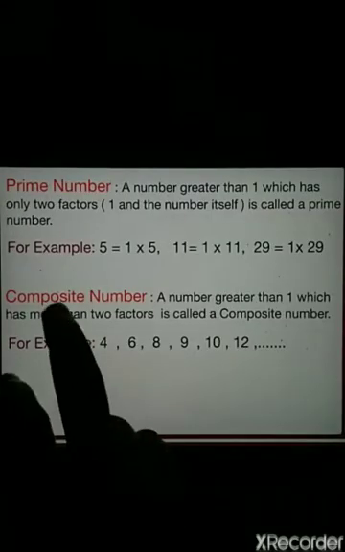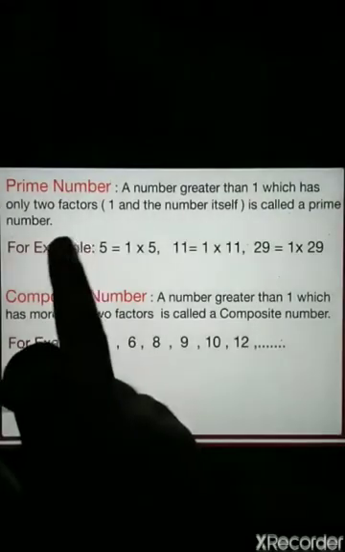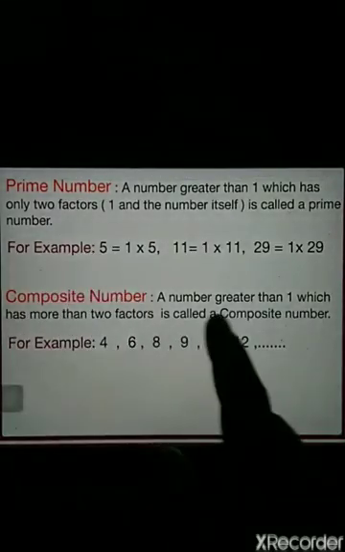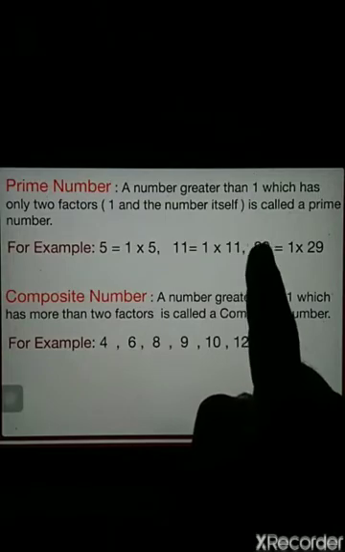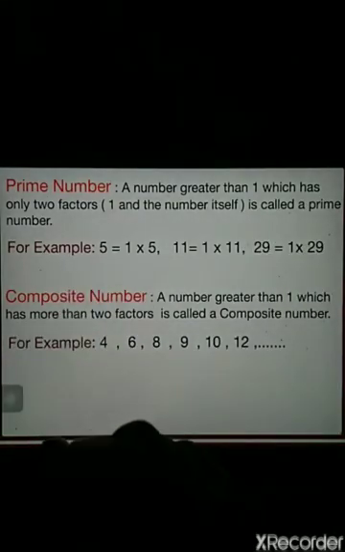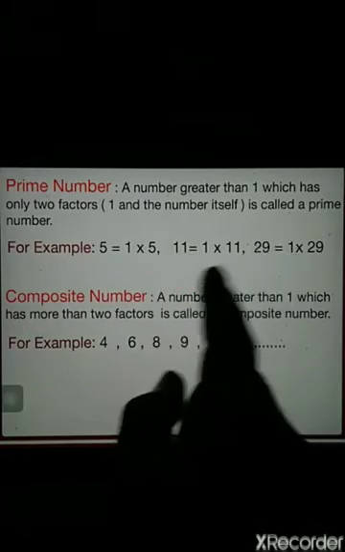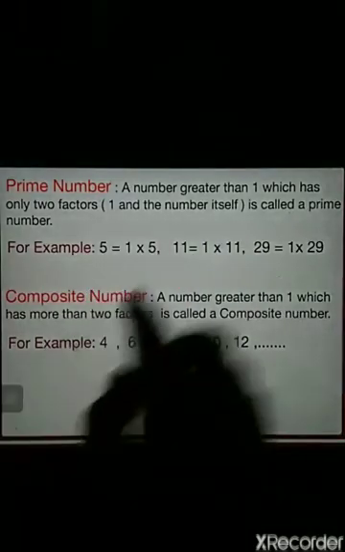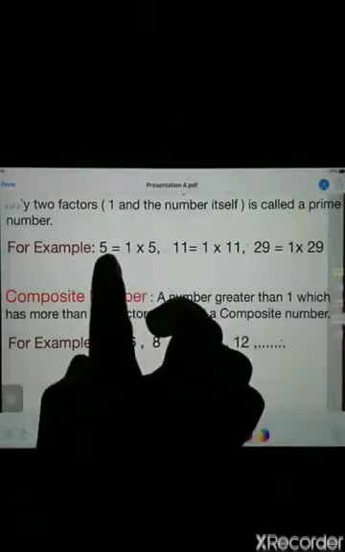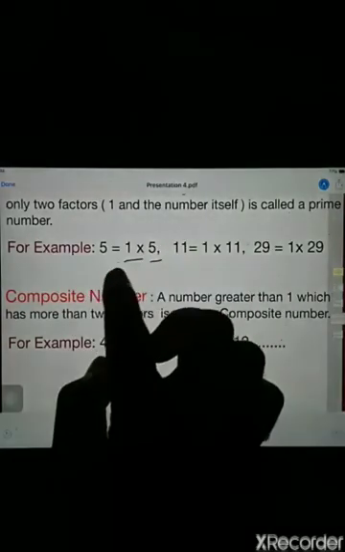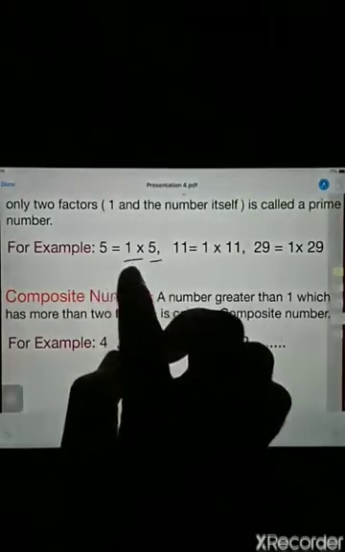Now in this chapter we will learn different types of numbers based on factors. The first is the prime number. A number greater than 1 which has only two factors, 1 and the number itself, is called a prime number. For example 5. 5 has only two factors, 1 and 5. 5 can be divided by 1, 5 ones are 5, and 5 divided by 5 is 1.